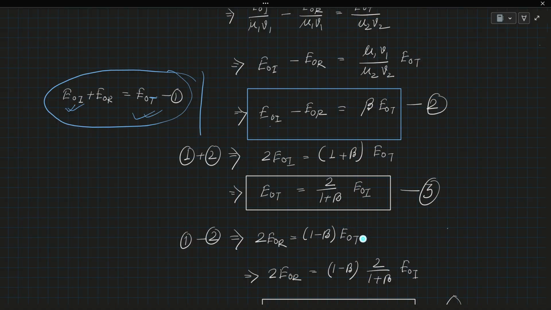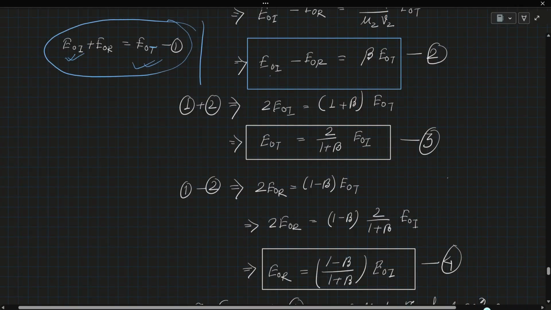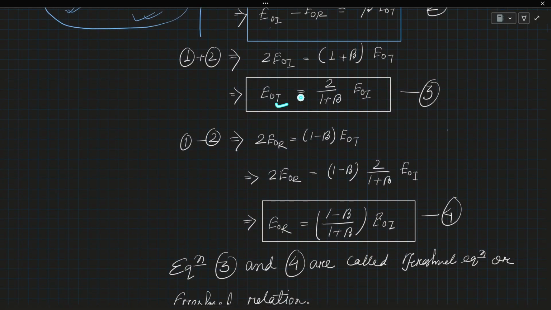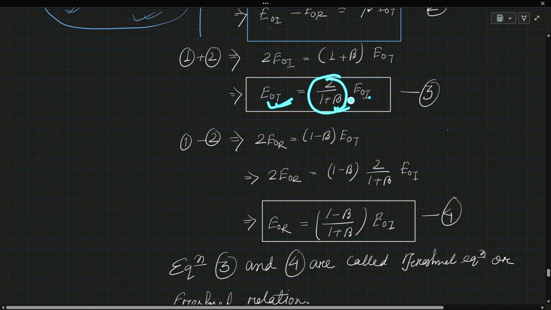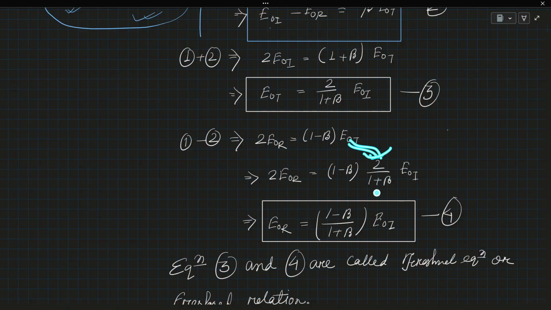And how can I write E0T? As you can see from here, E0T is 2 times E0I divided by 1 plus beta, right? So replacing this here, E0T equals 2 divided by 1 plus beta into E0I, right? So I can write E0R in terms of E0I, as these two and these two will get cancelled, right?